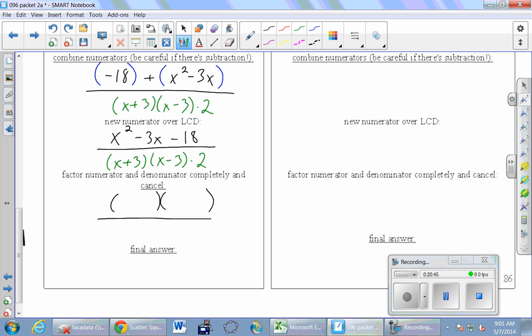The top looks like a regular old quadratic with all 3 terms. So I'm starting with an empty shell of 2 sets of parentheses. Remember, this is the whole product sum business. 2 numbers whose product is -18 and whose sum is -3.